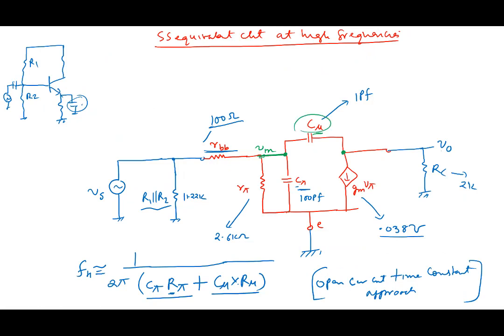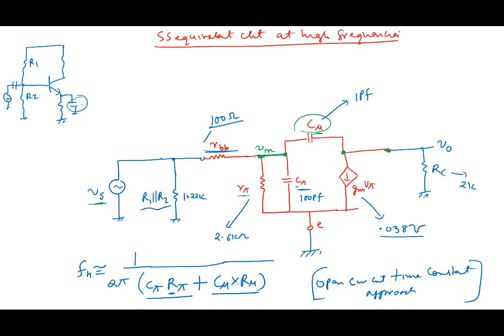So what is the gain between this point and this point? It is the voltage gain. This resistor RBB is small, so V0 by Vs is nothing but V0 by Vin, because the drop across RBB, 100 ohms, is small compared to 2.6K. So V0 by Vin is basically the gain here.